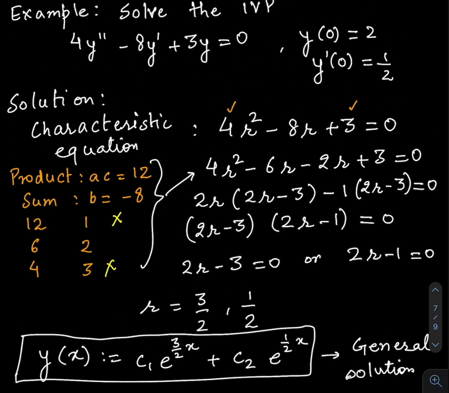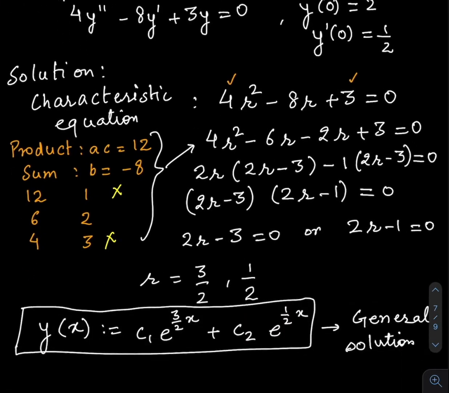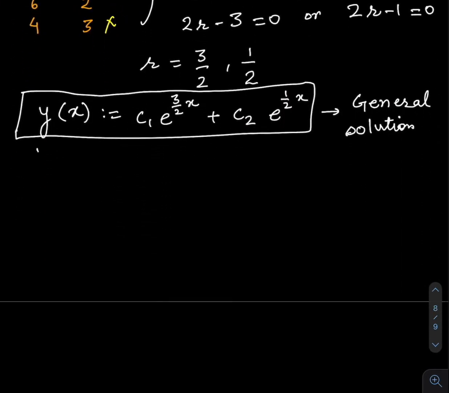But we had initial conditions also. y of 0 is 2, so let's put in the initial conditions. It means the value of y is 2 when x is 0. So c1 plus c2 is 2. The second condition we have is the derivative at 0 is half.